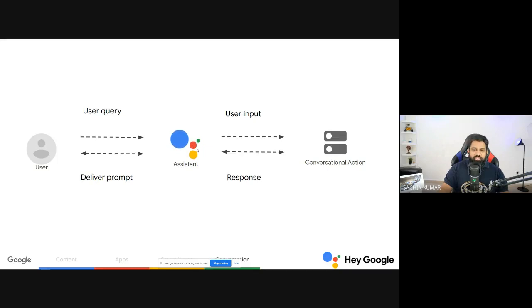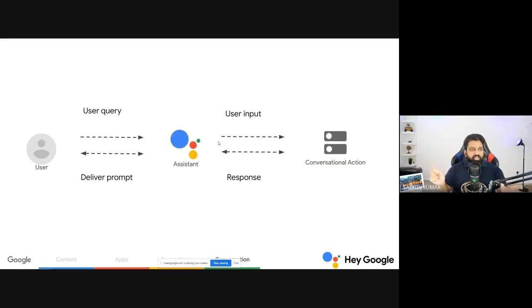Then the Google Assistant will understand, okay, this specific action I need to pass to so-and-so voice application or conversational action. So it will convert that spoken audio to text, and then it will also identify where to send it.